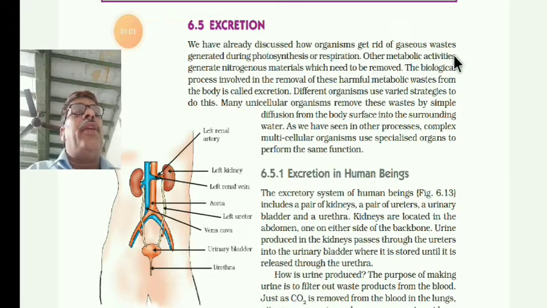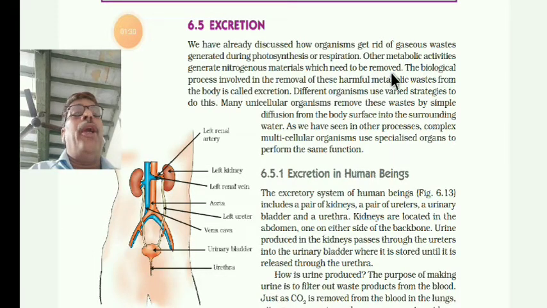So other metabolic activities generate nitrogenous waste, nitrogenous materials which need to be removed. Even other metabolic chemical activities produce nitrogenous waste materials, meaning ammonia and urea, and these all need to be removed from the body.